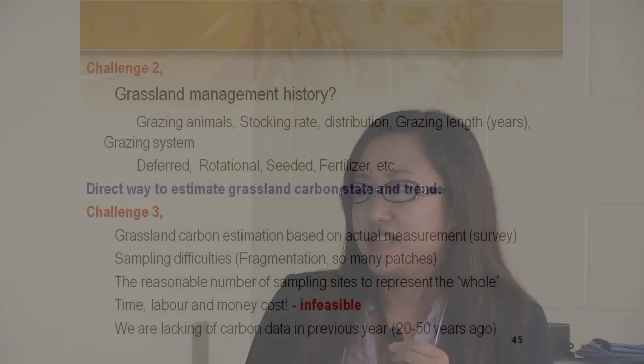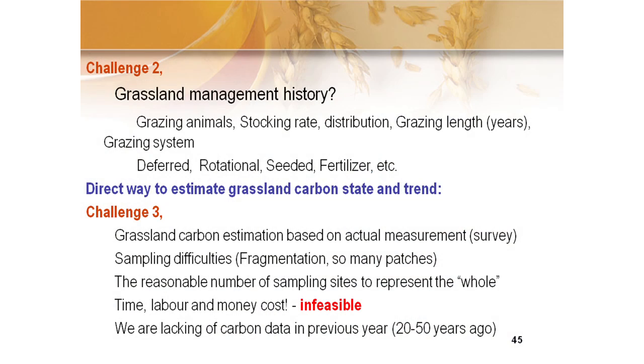The direct way is the traditional actual measurement, like a basic grassland survey with the sampling method. But there is a problem: in the Canadian prairie, there is a lot of fragmentation and many patches, so it's very difficult to do large-scale sampling.